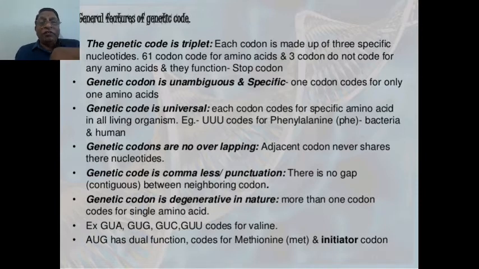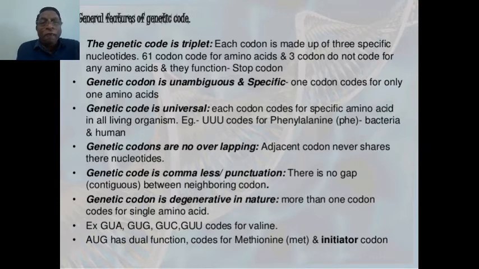See, it is same or similar in all organisms, from bacteria to human beings. That is, UUU codes for phenylalanine in bacteria and UUU codes for phenylalanine in human beings also. This is what we mean by universal code. Genetic code is universal.